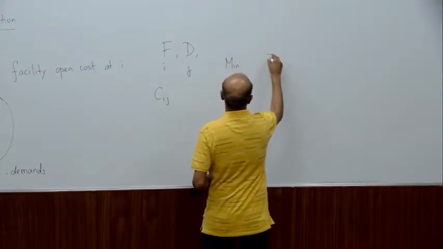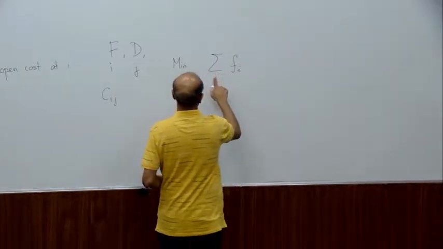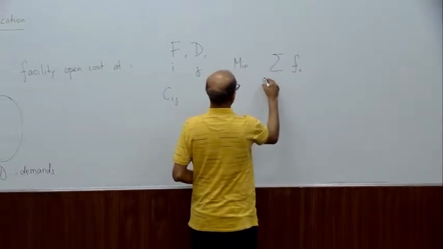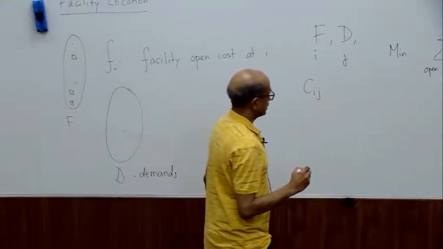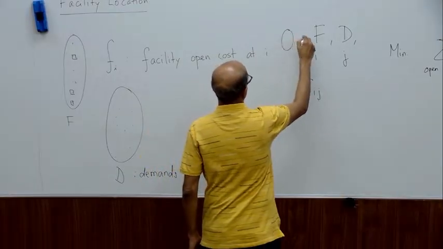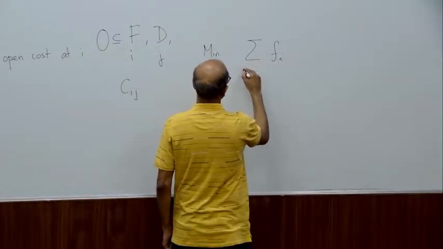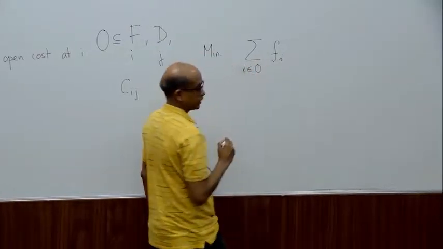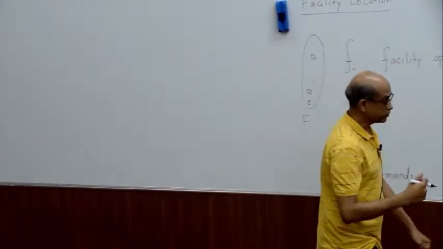So you want to minimize the summation of f_i over all those facilities which are open. Let's call this set O, the set of facilities that you're opening. So I'll write it as sum over i in O, and the distances these demands have to travel.